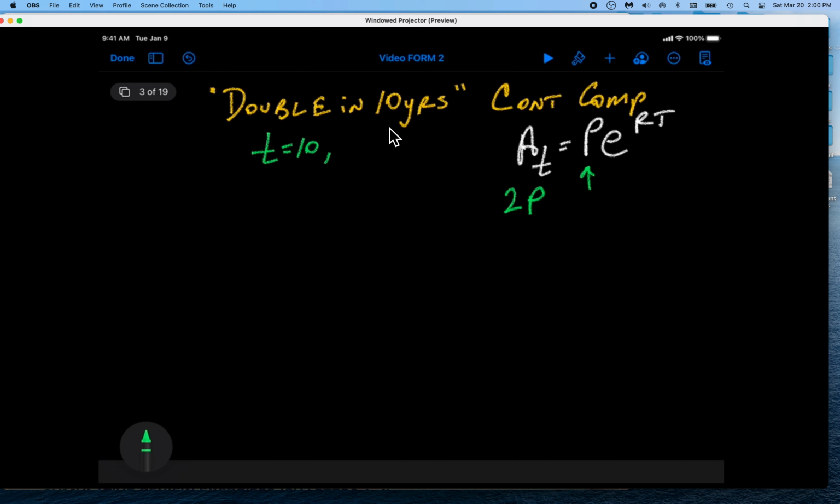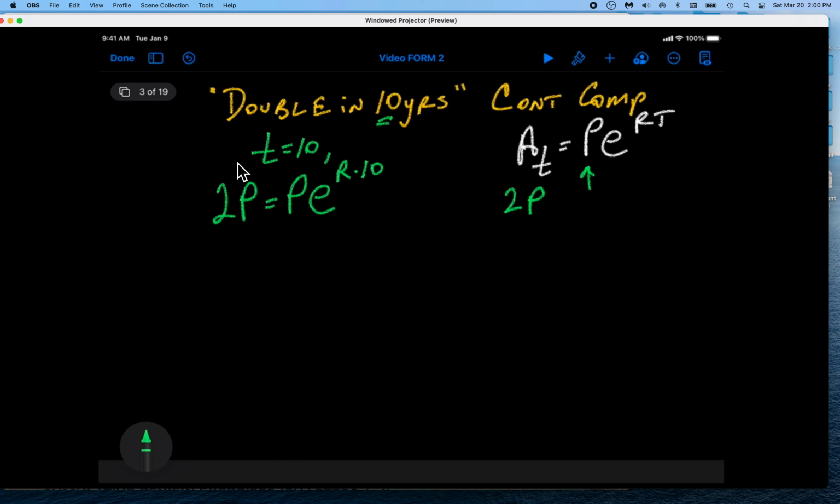That is a huge piece of information. Because look what happens. When you change A of t to 2p, you have p. We don't even have to know what it is. And we have e to the r times 10, because they tell us it's in 10 years.